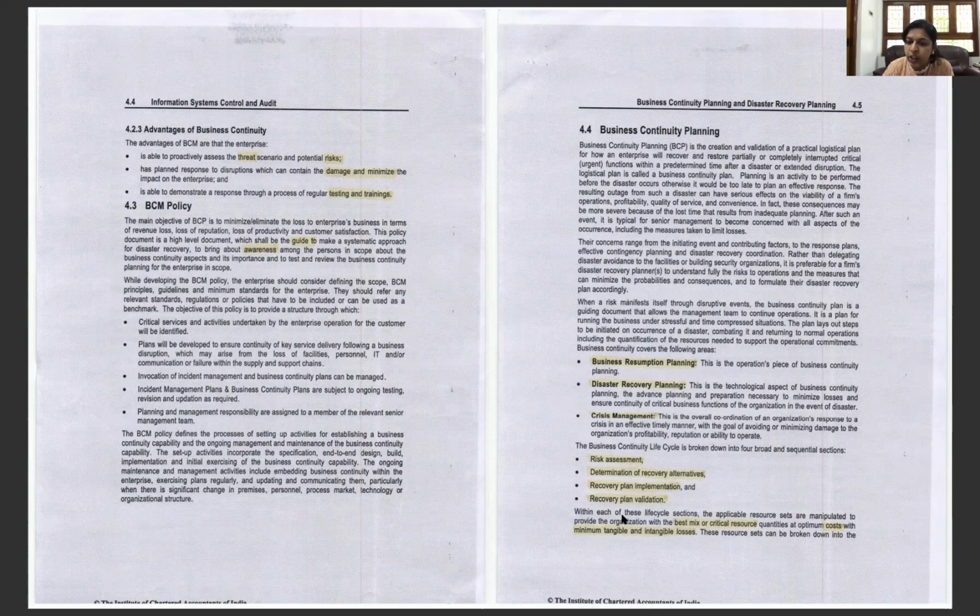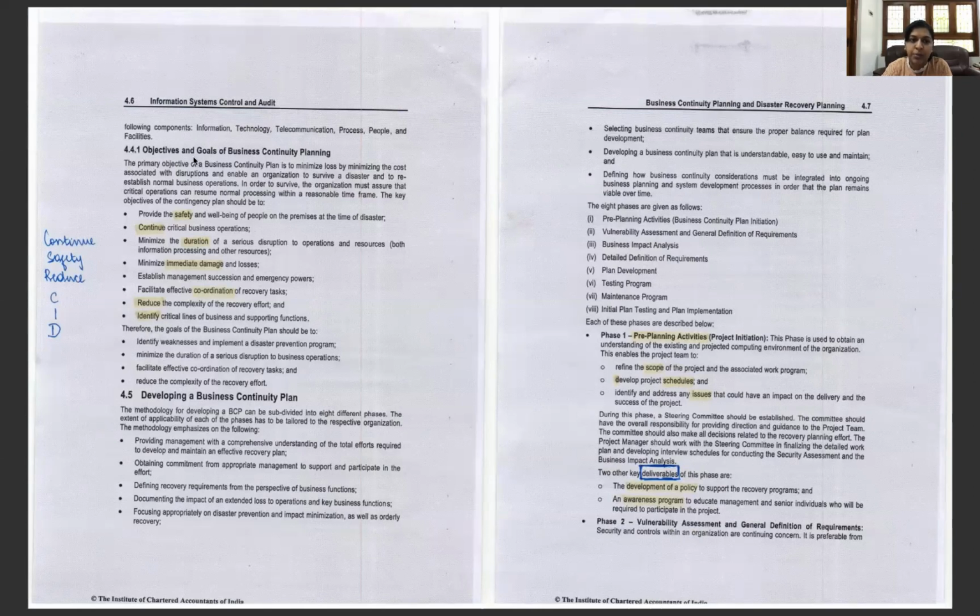Within each of these life cycle sections, the applicable resource set is manipulated to provide the organization with the best mix of critical resource quantities at optimum cost with minimum tangible and intangible losses. So we have all the critical resources, and they have to be provided at the best possible mix so that the losses are also minimized. This is the goal of BCLC.